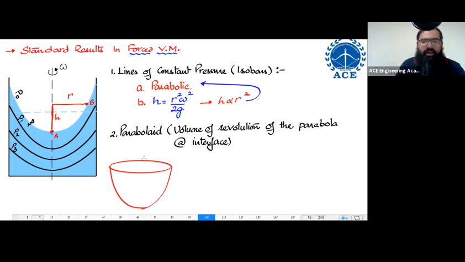That particular cup is known as your paraboloid. That cup is known as a paraboloid.